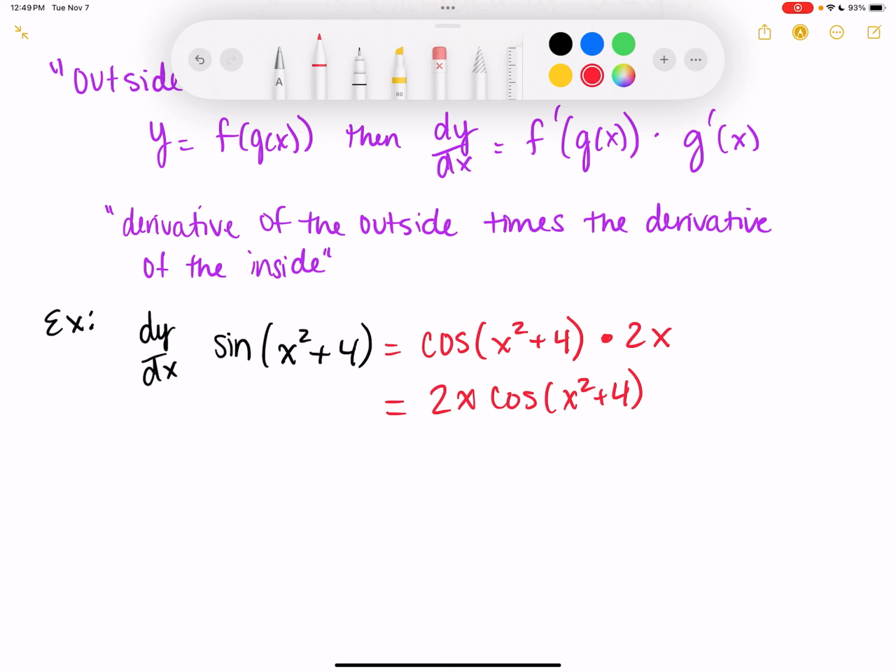I already took the derivative of that. So we don't have to. This is f of g of x. The f of x part is sine of x. The g of x part is x squared plus 4. So we take the derivative of the outside piece times the derivative of the inside piece. Would you try to multiply sine throughout the parentheses pieces? What are you trying to do?